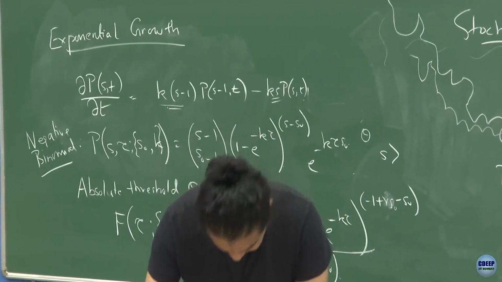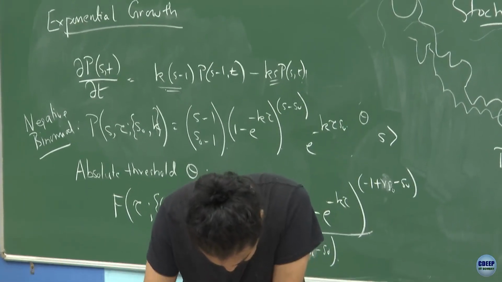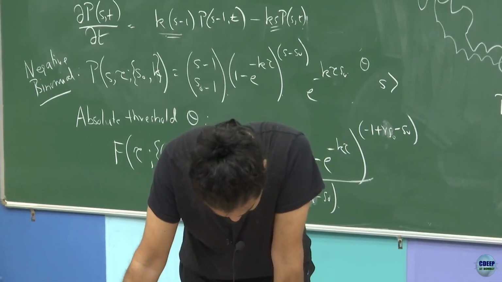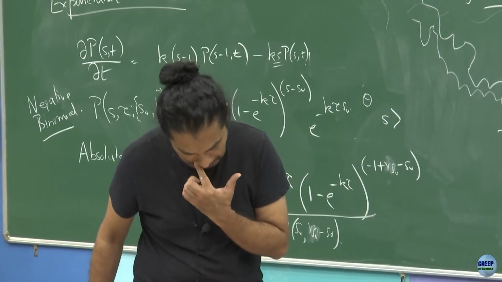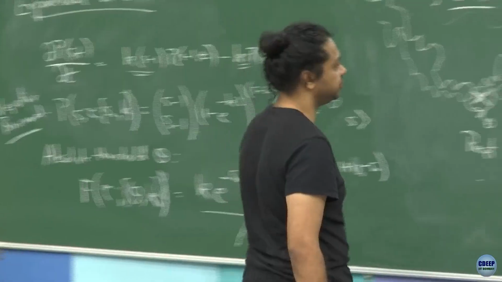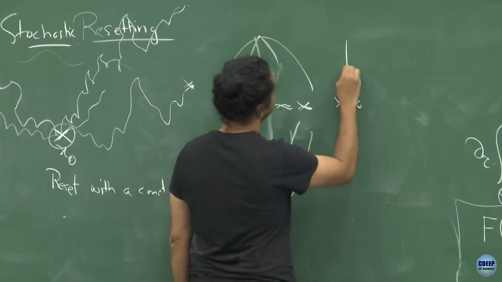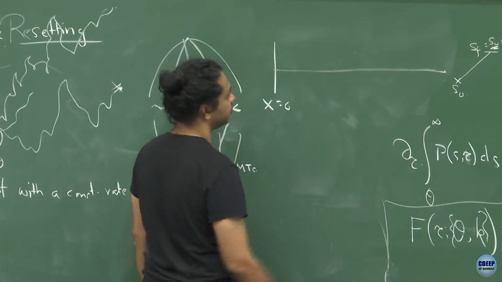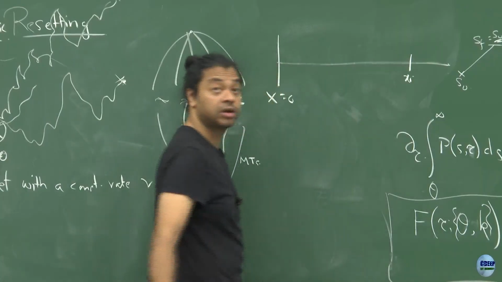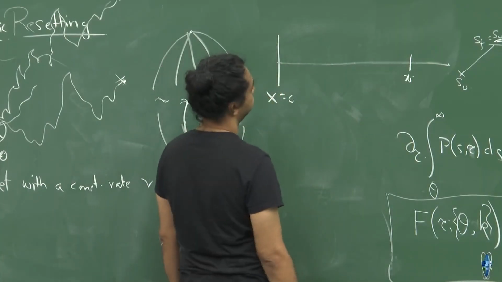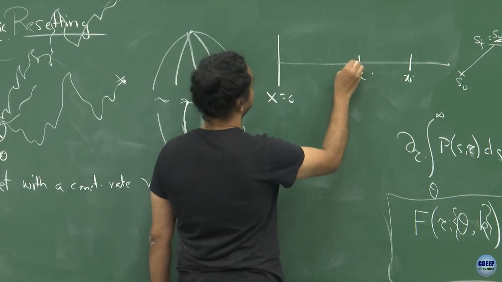So I think the assignment problem that I had given was this simple one-dimensional diffusion. So I have an absorbing boundary at x equal to 0. Okay. I start a particle at some position x naught. Or let us say I start a particle at some position x. It does a random walk.